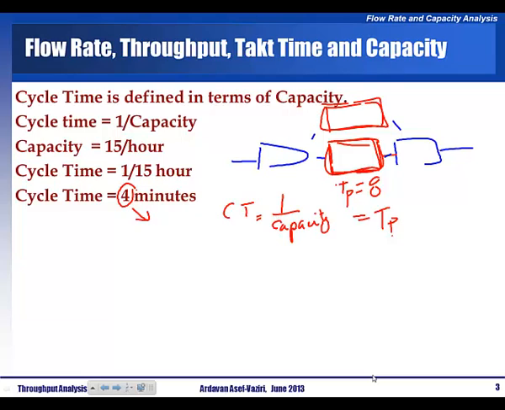However, if there are C resource units in resource pool of bottleneck, then TP is equal to C times cycle time. As we saw in this example, if there are 2 resource units in resource pool bottleneck, and if cycle time is 4, TP of each of those resource units is 8.